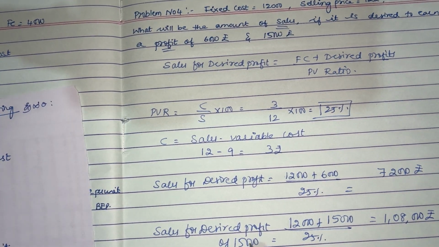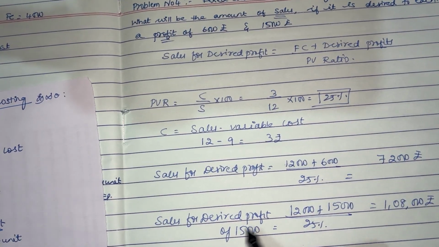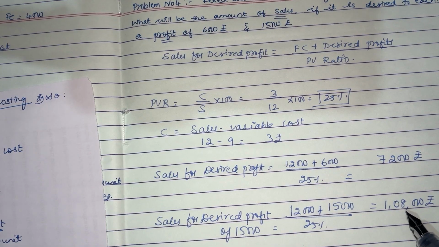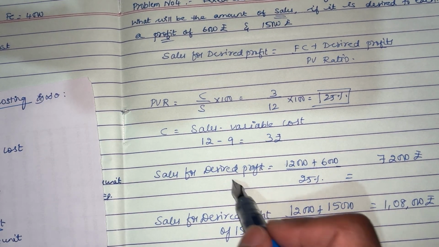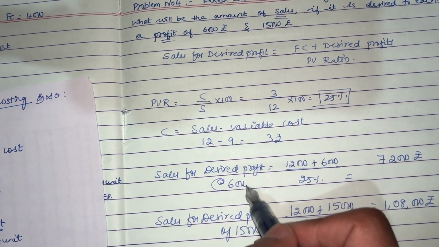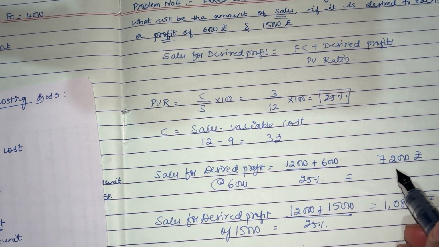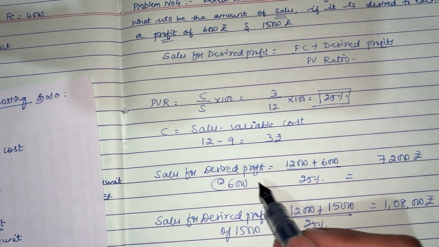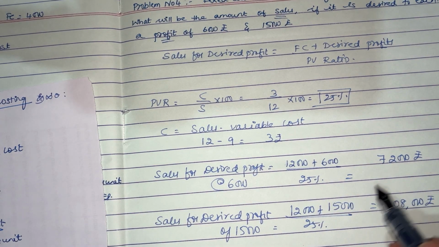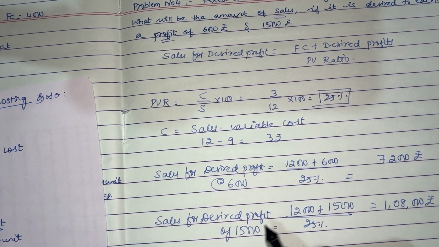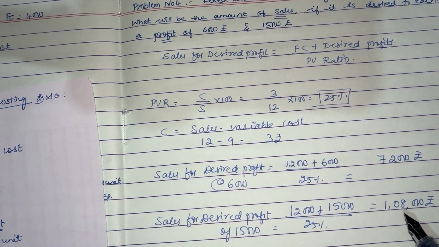So what does it mean? If you desire to earn 15,000 as profit, you should have at least sales of 1,08,000. If you desire 6,000 profit, you should have at least sales of 72,000.